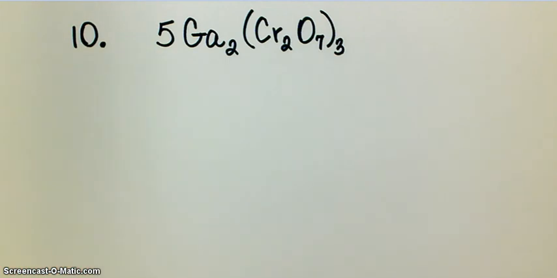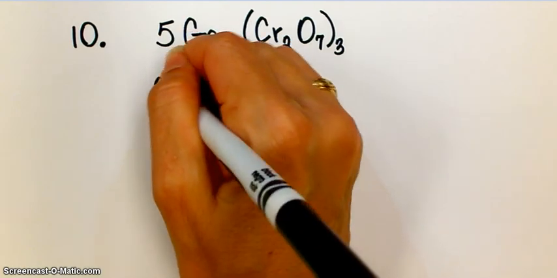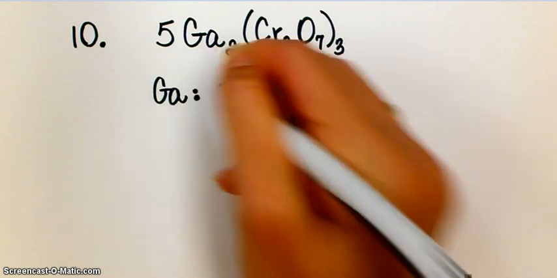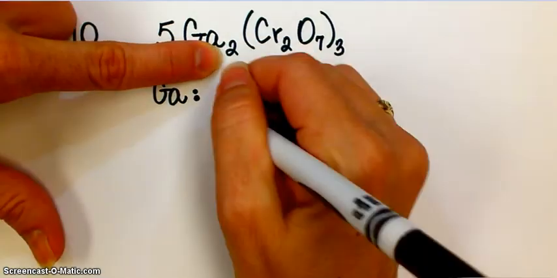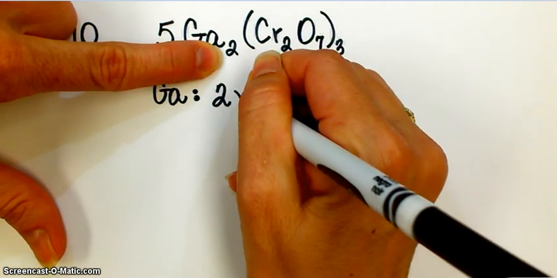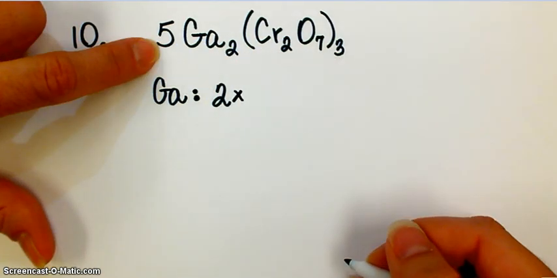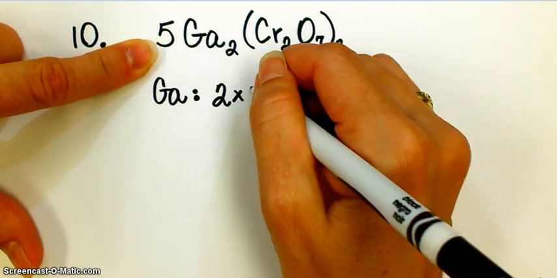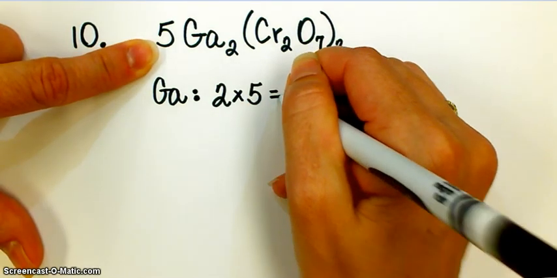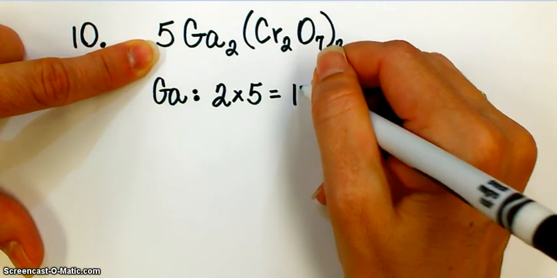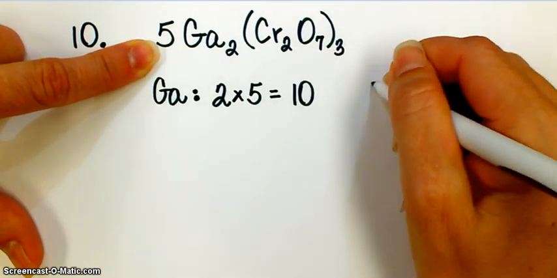Okay. Let's do gallium first. How many total atoms of gallium? 2 atoms of gallium per molecule, but there are 5 molecules. So 2 times 5, and that gives you 10.